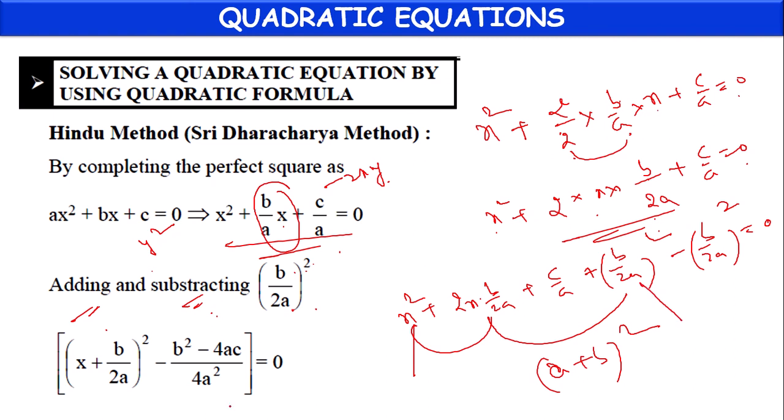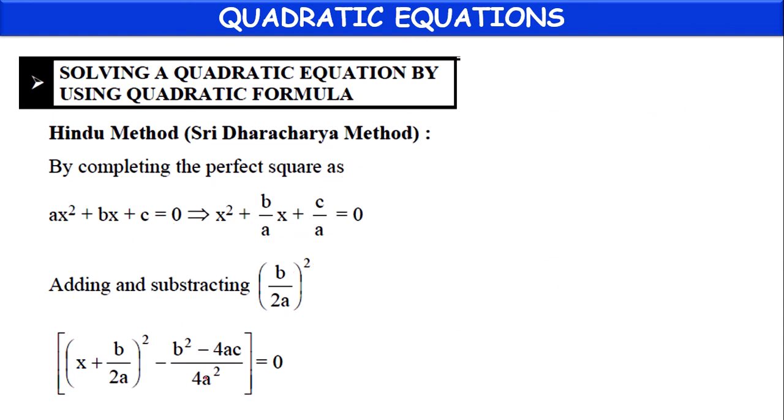So these can be written as x plus b by 2a whole square. And the remaining two terms, after simplification, we can write them as b square minus 4ac by 4a square. Like this we can write.